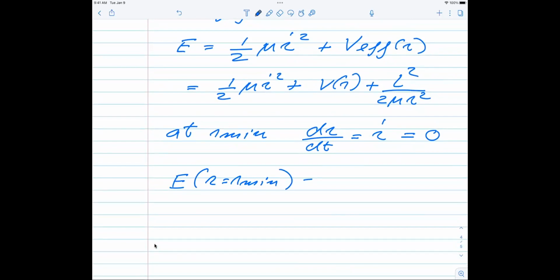So there will be a minus gamma divided by this r min plus L squared divided by 2 times mu times r squared min here. So that's the total energy of the system.